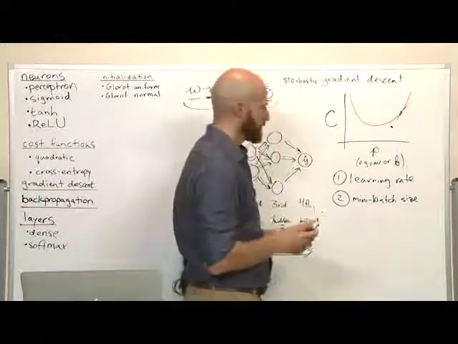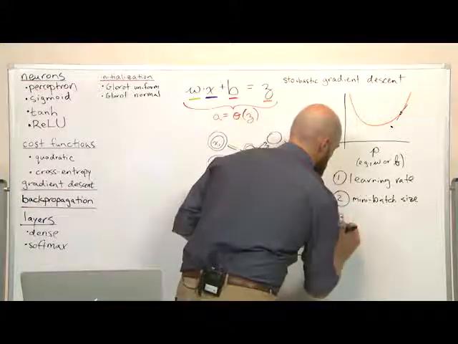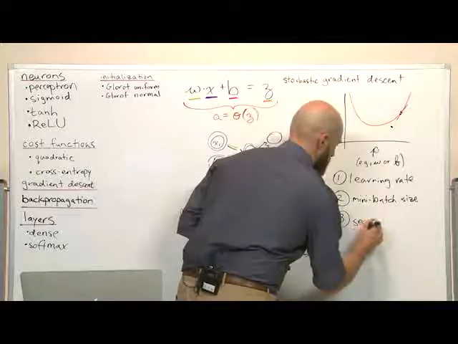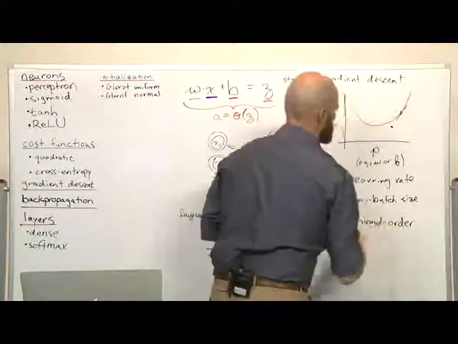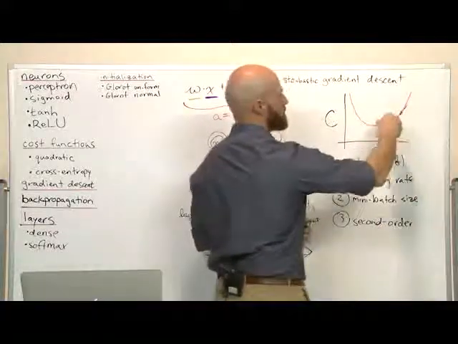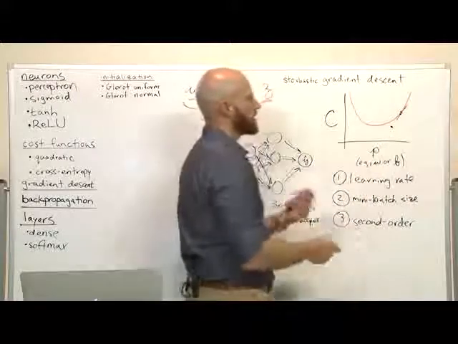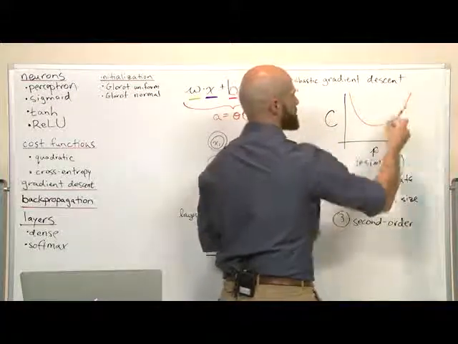The third thing that we're going to take into account is second order calculations. What I mean here is that with gradient descent, to figure out where to make our step, all we're taking into account is the slope of the line at this given point.